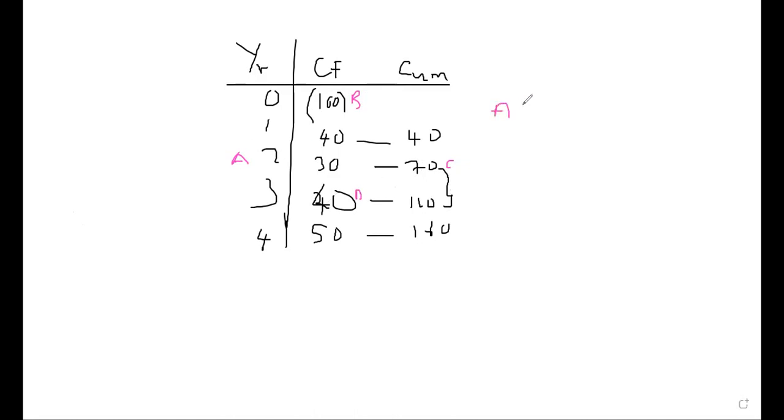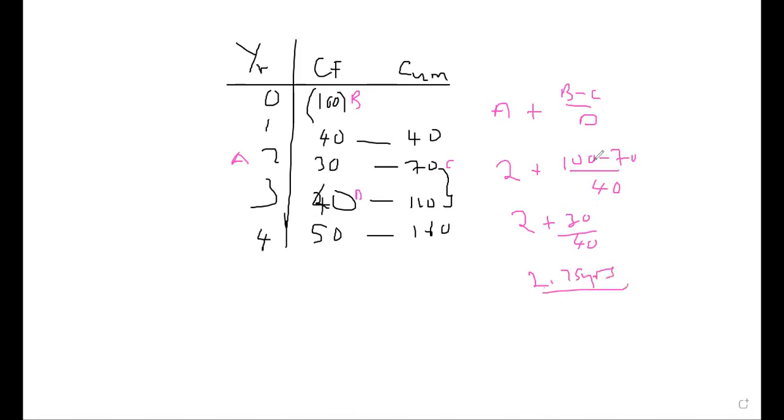So A plus B minus C over D. That's the formula I usually use. So my A is 2. My B is 100. My C is 70. And my D is 40. So the payback period will be 2 plus 30 over 40. So this will be 2.75 years. That's how I quickly calculate it. You get it?